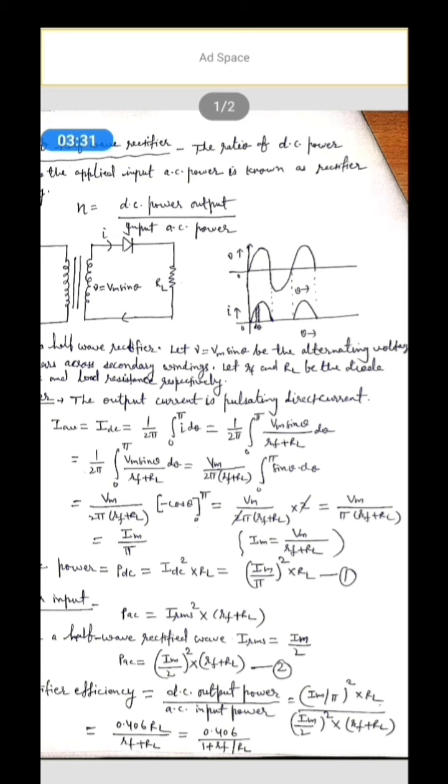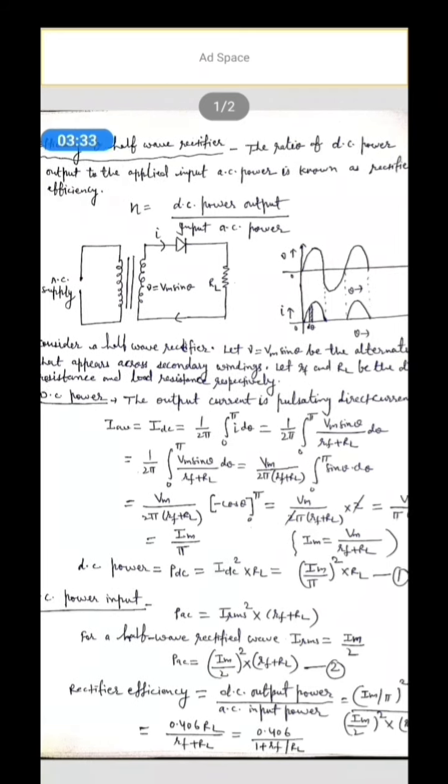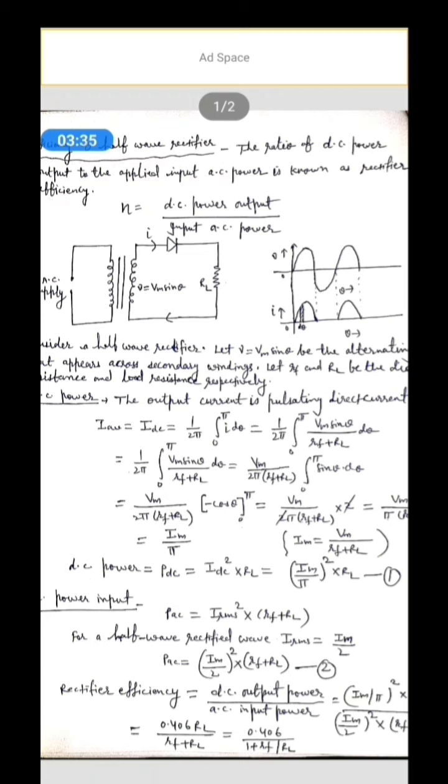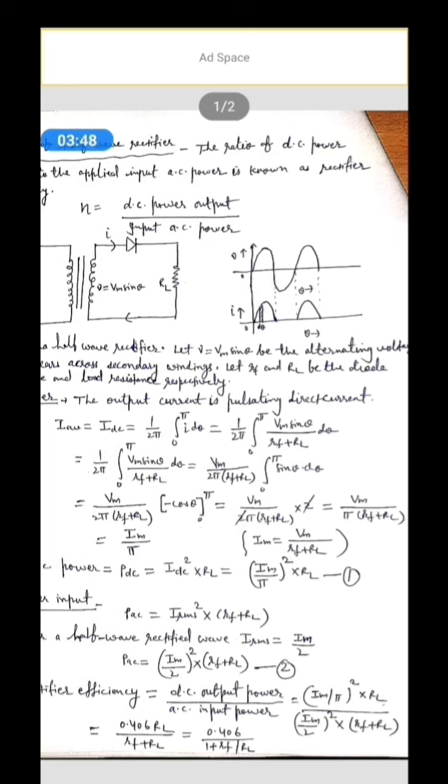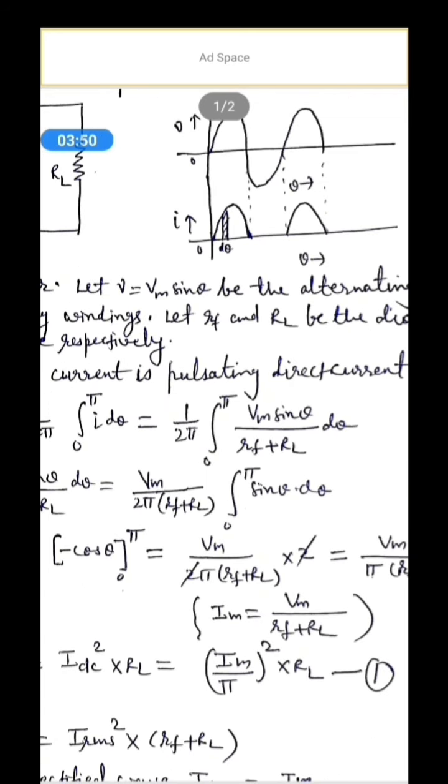Putting this value in the equation, we get IDC equal to 1 upon 2 pi integration from 0 to pi of Vm sin theta divided by RF plus capital RL, d theta.